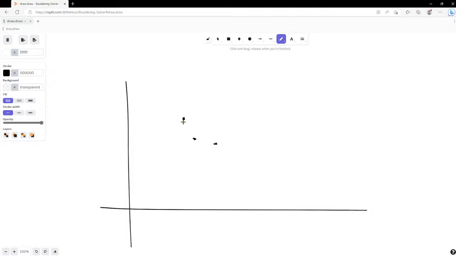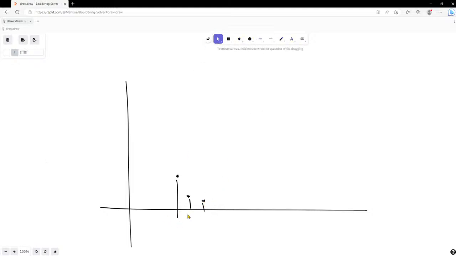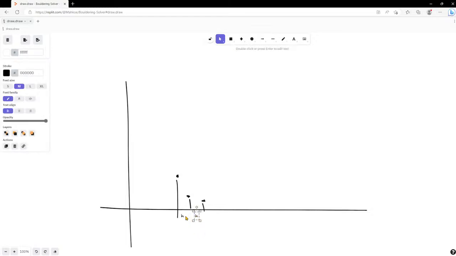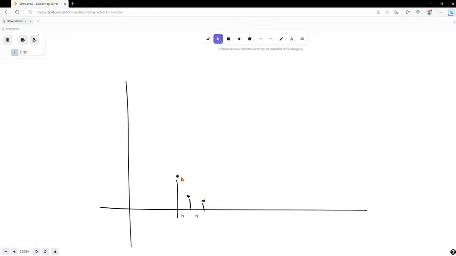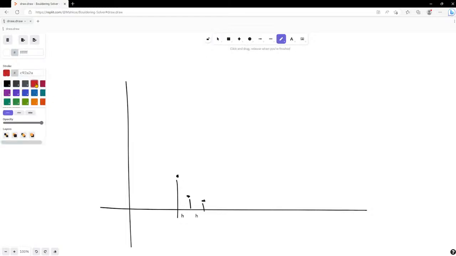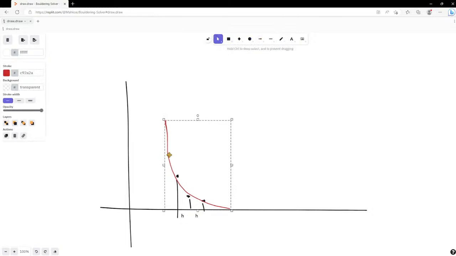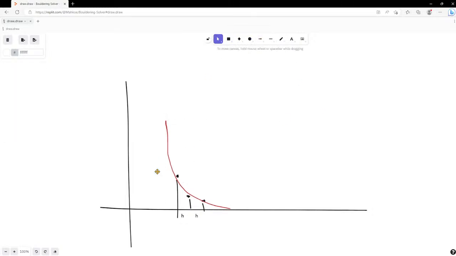And we know that this distance is the same as that distance, which is h. And we want to fit the curve that goes through like that. Except it'll touch all these points, but you get the idea.